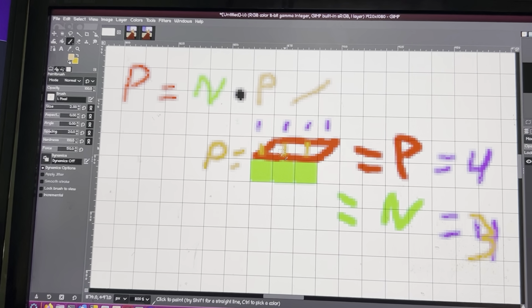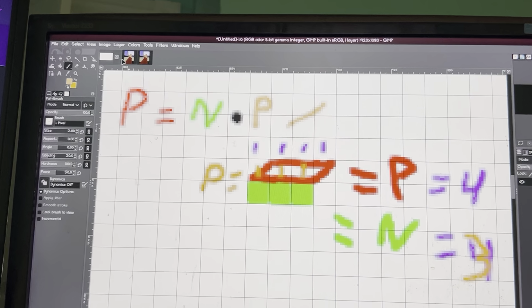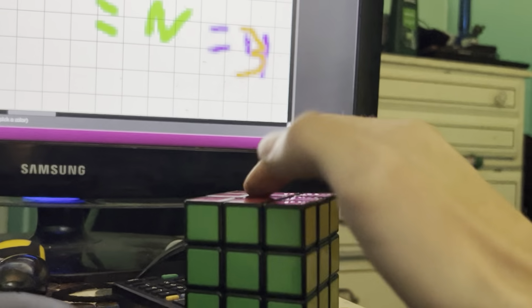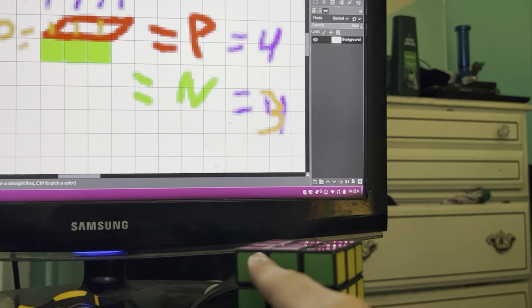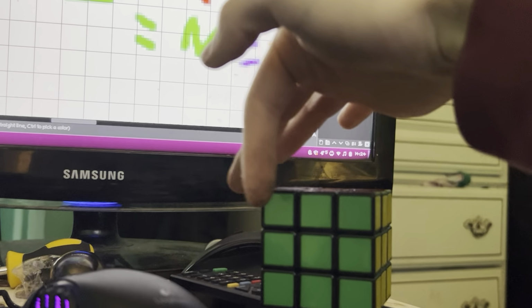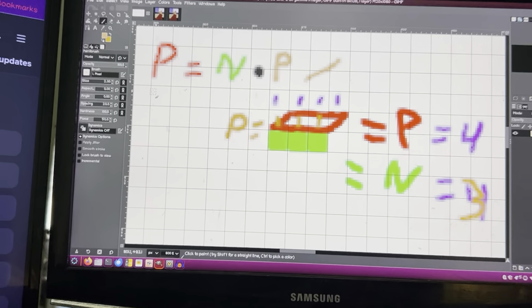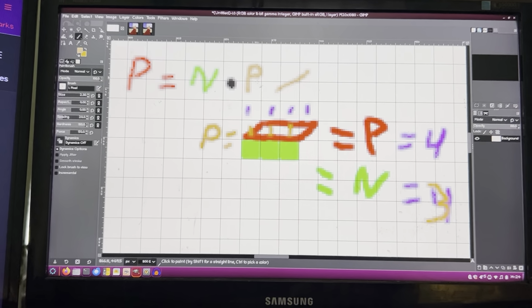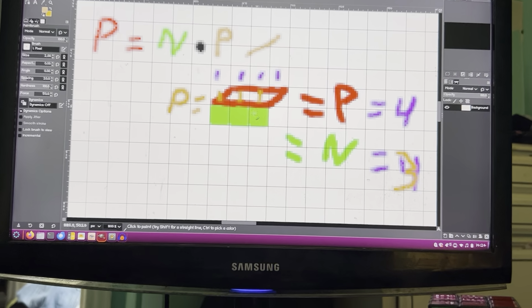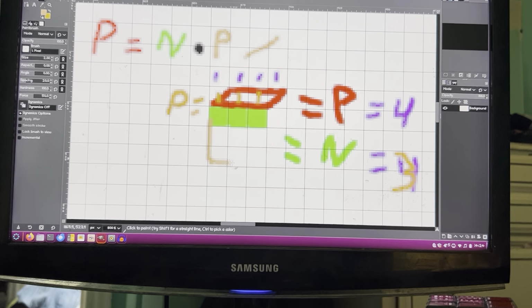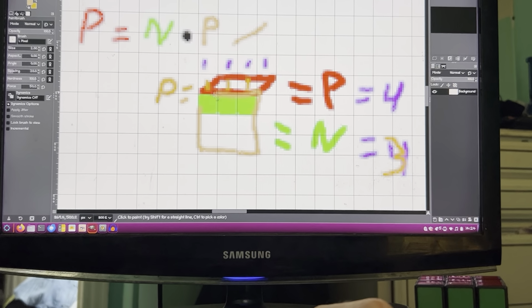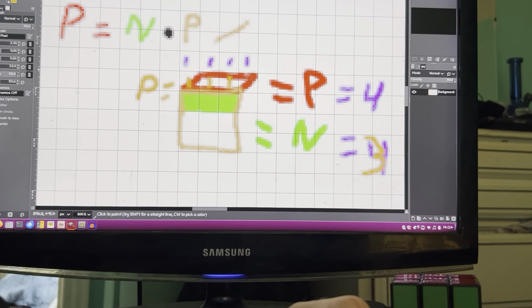This top surface is the same thing. Top surface P equals N, I don't know, this times that, which is, in this instance, 3 times 3. P equals NP. There's your proof. This face is the same value as that face. The front is the same as the top.